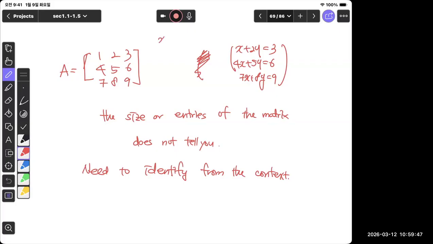But if I consider x plus 2y plus 3z equals 0, 4x plus 5y plus 6z equals 0, then in that case, A will be a coefficient matrix. So you need to understand the role of the matrix A from the context. Even though it is a 3 by 3, it may be a coefficient matrix or an augmented matrix.